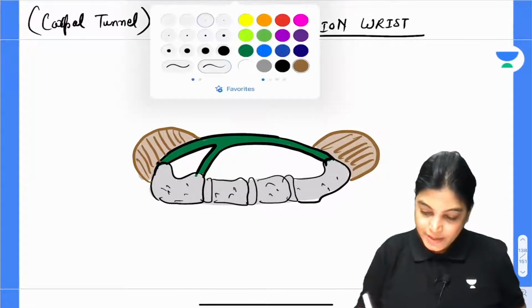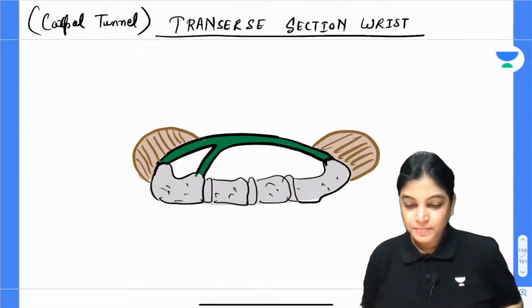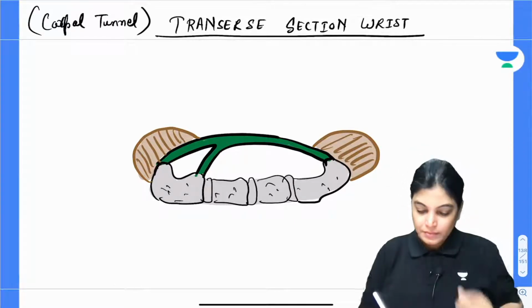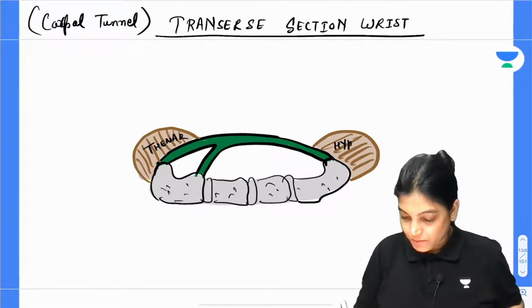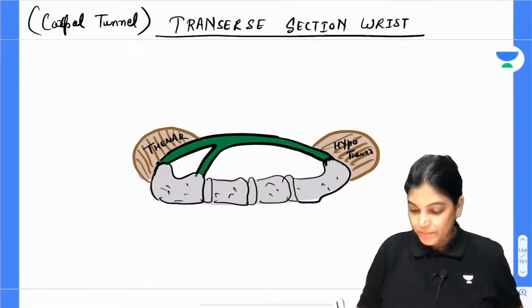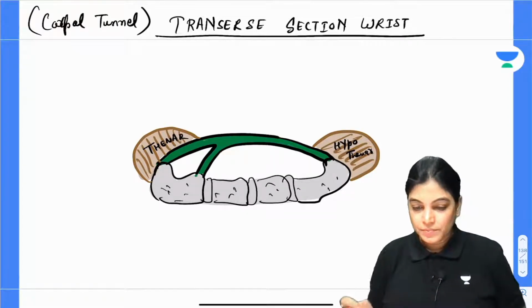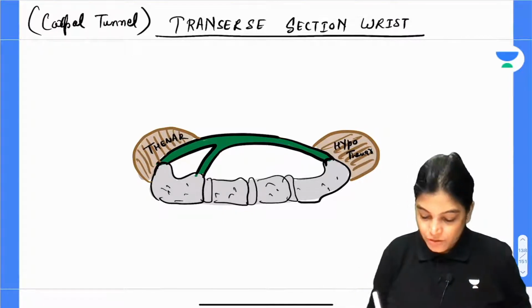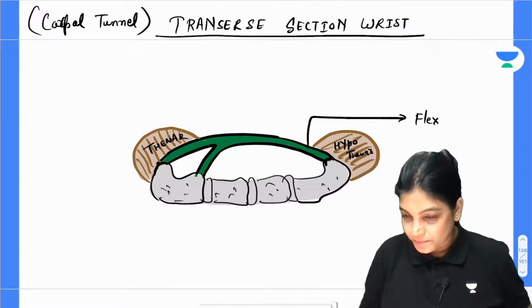You can write here, this is the thenar and this is the hypothenar muscles. So this is the flexor retinaculum.